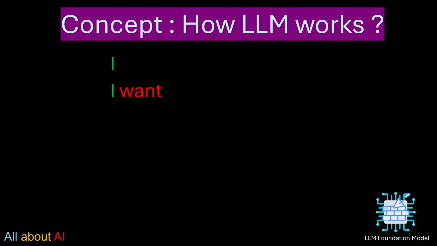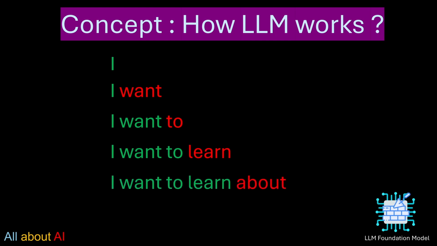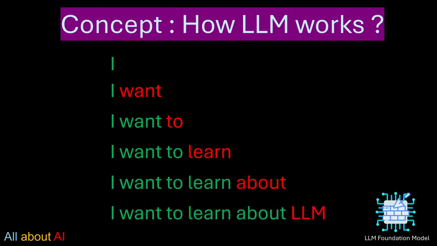Next, the model will generate "to". When it generates "to", it's using the previous "I want" to decide what the next word would be. Next step, we'll get "learn". Similarly, after that "about", and maybe at last we'll get "LLM". And that's how the entire sentence will be generated by an LLM.